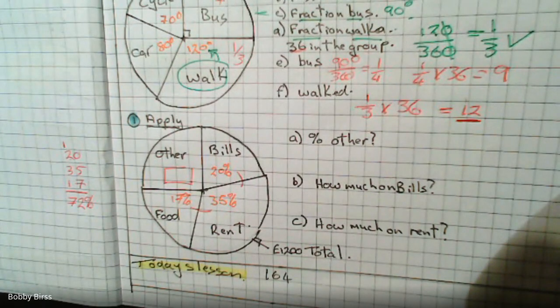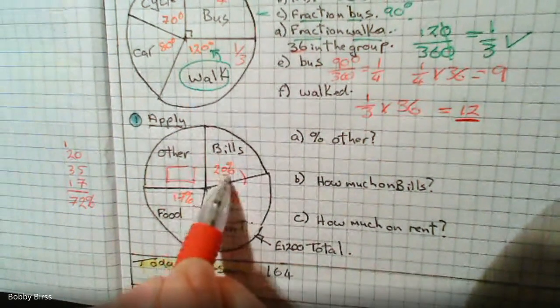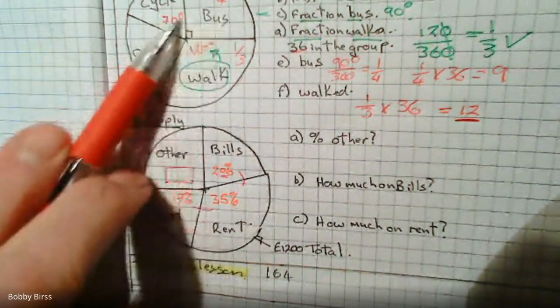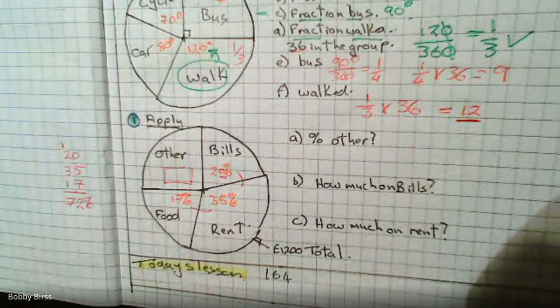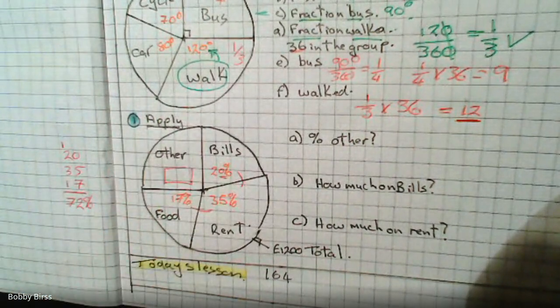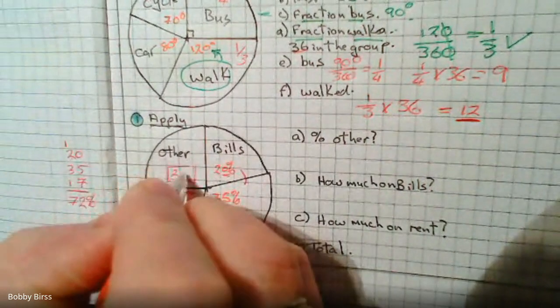So if I've spent 72% of my money, what percentage do I have left? Ryan's still going for 360 degrees. Ryan, this time around, we're working with percentages, which are out of 100, not degrees in a circle, which are out of 360. So if I've got 72% here, Ryan, fantastic. Cheers. You're back in.